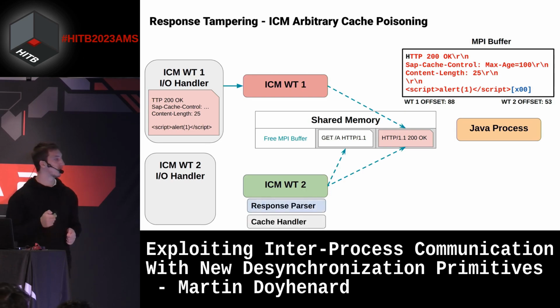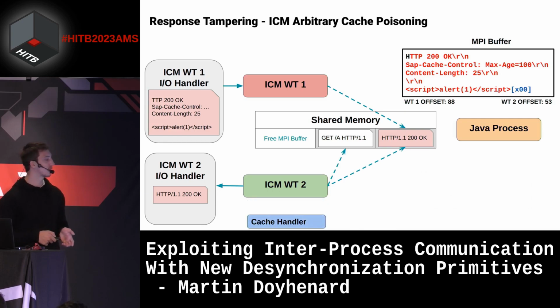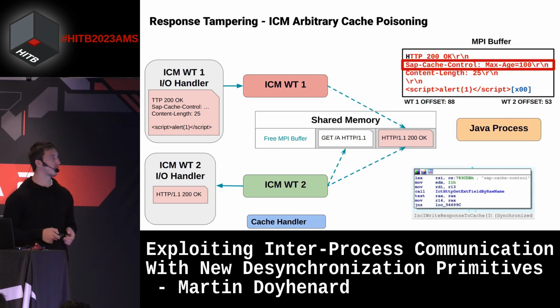But there is something even better that we can do, and that is when the response is sent back to a worker thread, it will actually be parsed again, and some response handlers will be called, which are just the same as the request ones. But in this case, the cache handler is going to be called because we have tampered the response, we created a new response, and we included the SAP cache control header.